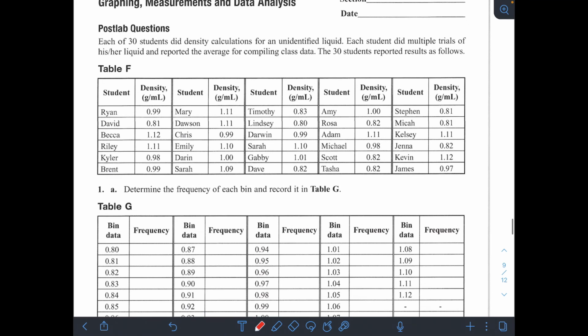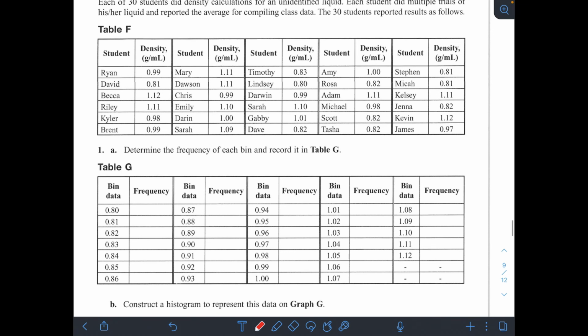Right, and our last part, this is in your post-lab questions, and this is often a little bit weird and confusing. So we have this data table and all of the students' densities, and these are totally made up. And then we're asked to determine the frequency of each bin and record it in table G. Now what that means is that for bin data, let's say bin data 0.80, I'm going to come up into this data table and I'm going to look for how many students got the value of 0.80.